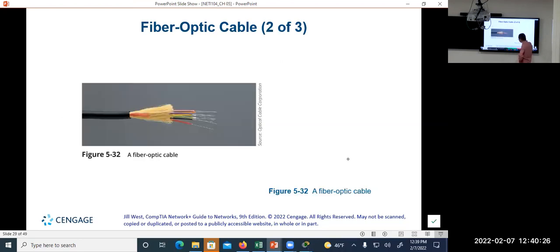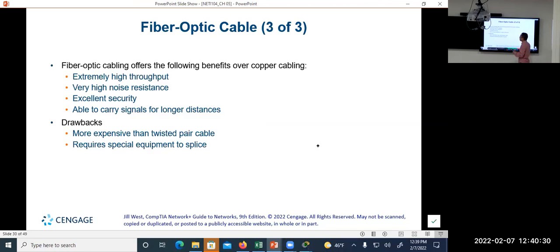Okay, so that is fiber optical cable, and the reason it is used is that it offers some benefits over the copper cable. The first one is extremely high throughput. It can go up to 10 gigabit per second, or more than that.